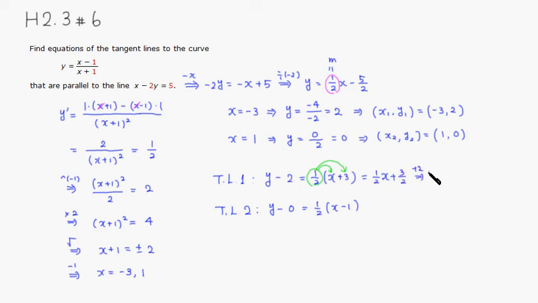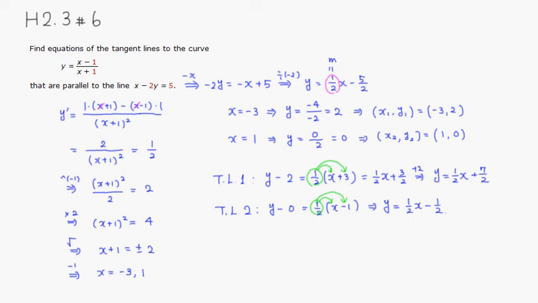So y is isolated, 1/2 x unchanged, but you have to add 2. 2 is 4/2, so it's plus 7/2. And for this one, the 0 doesn't do anything, so you have y is equal to, distributing 1/2 to x and negative 1, 1/2 x minus 1/2.